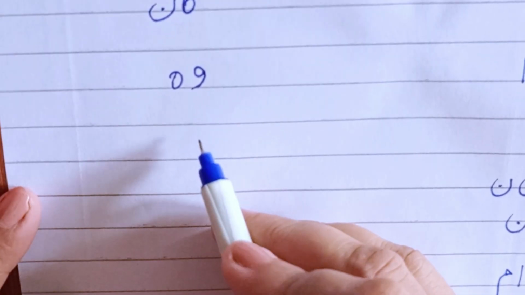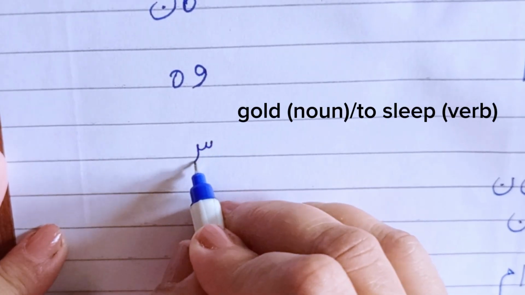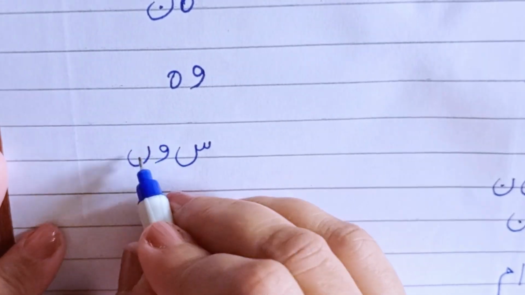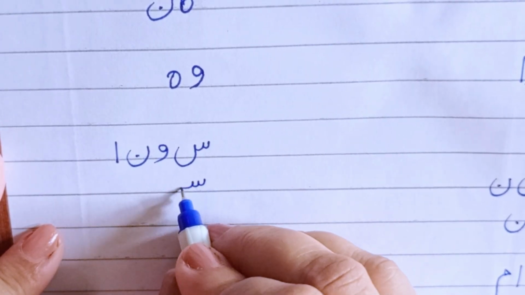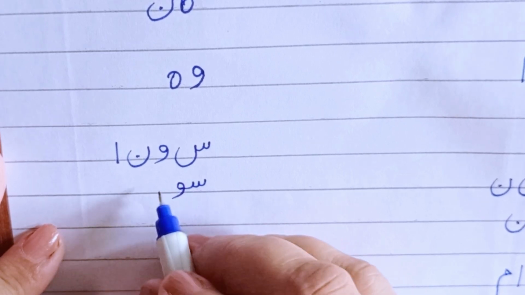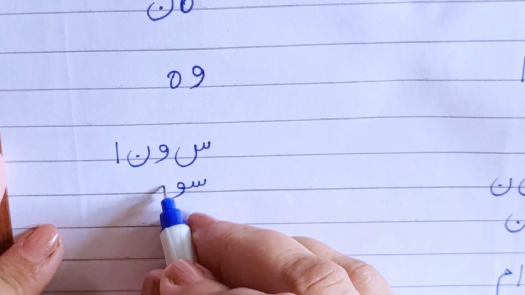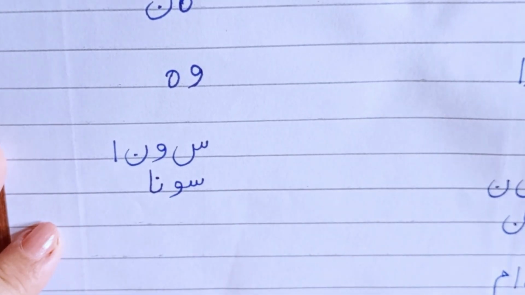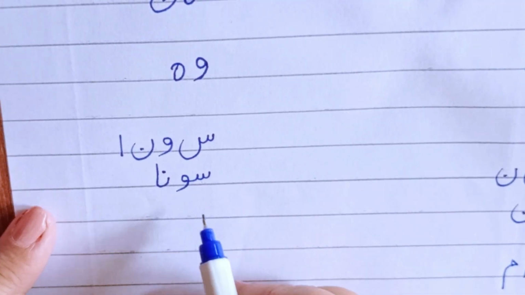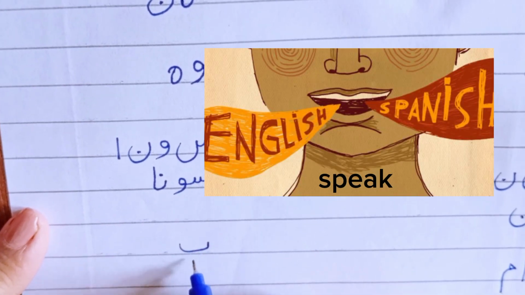Now when it comes in the middle, the word is sona. Seen, waw, noon, alif. Sona means to sleep. Short form of seen will be connected with waw and then noon and alif will be connected. So this is sona. Now the last position of waw, the word is bolo.